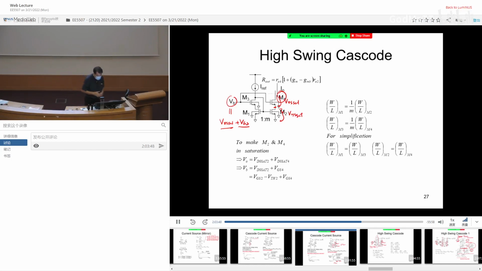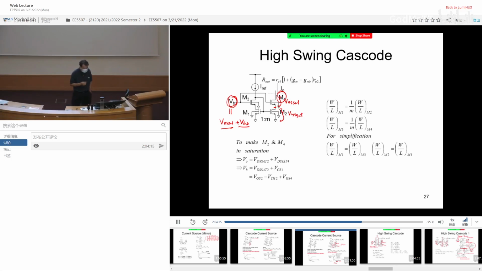So if you know this requirement, cascode design is all about the way of obtaining VB. We already know what we want. We want 2 VDS set. And we also know VB has to be VDS set plus VGS. So the remaining job is, how do I get VB to be VDS set plus VGS? Think carefully about this.